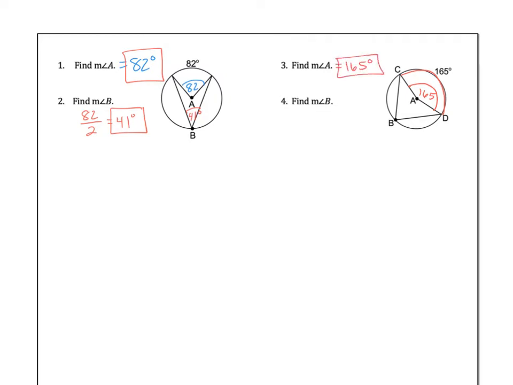Angle B is going to be half of it because angle B is on the circle. So it opens up to that 165, but it's an inscribed angle, so you have to divide by 2. And 165 divided by 2, let me type that in quick, is 82.5. So this one would have been 82.5.